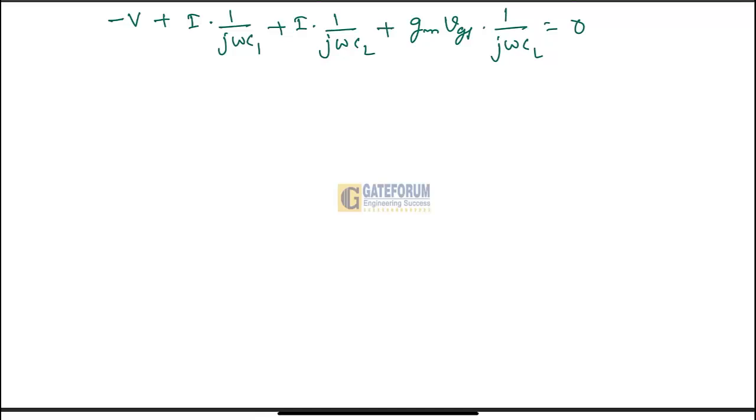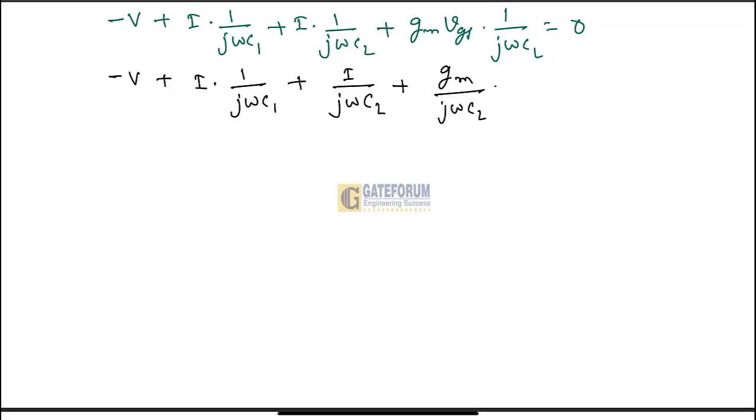If we substitute the value of VGS, we will get minus V plus I into 1 by j omega C1 plus I by j omega CL plus gm divided by j omega CL into, in place of VGS, I by j omega C1 is equal to 0.